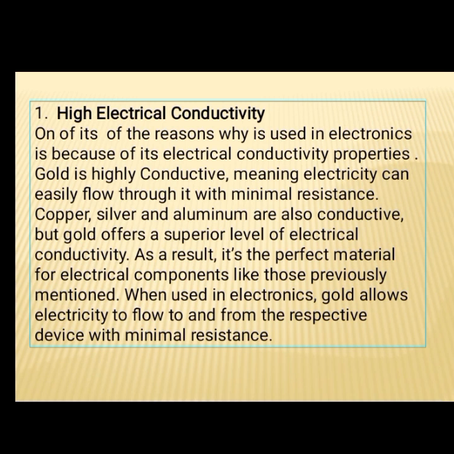Copper, silver, and aluminium are also conductive, but gold offers a superior level of electrical conductivity. As a result, it's the perfect material for electric components like those previously mentioned. When used in electronics, gold allows electricity to flow to and from the respective device with minimum resistance.